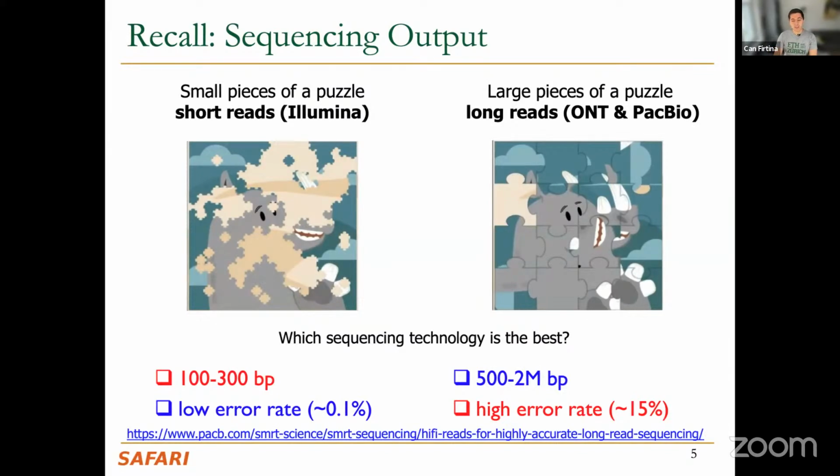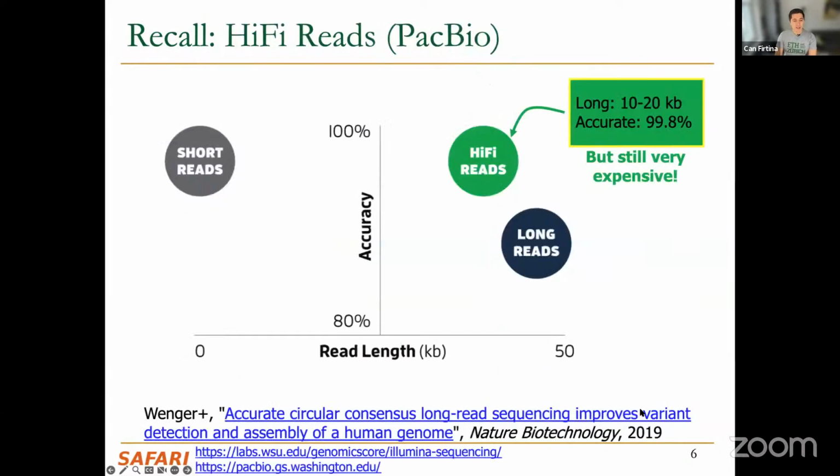For long reads, it's a bit easier, but long reads are a bit more erroneous. So the error rate is around 5% to 10% rather than 1%. This figure was showing the trade-off between the short reads and the long reads, depending on their lengths and their accuracy.